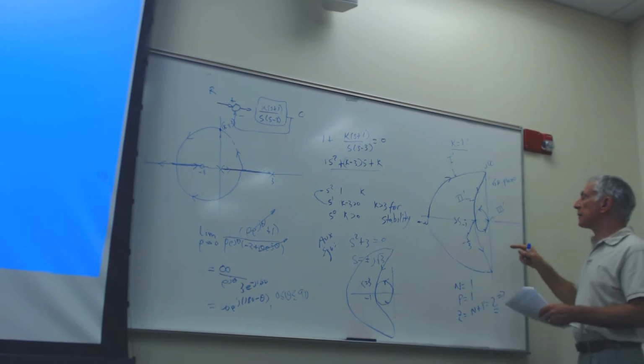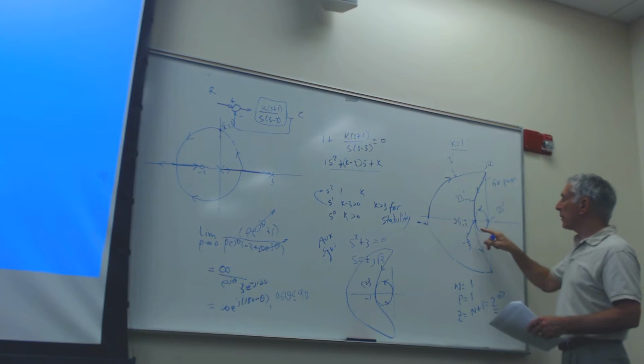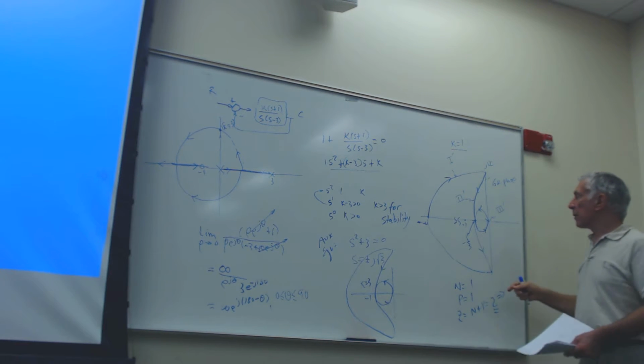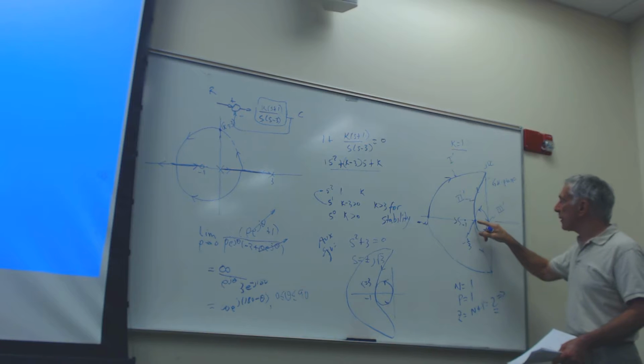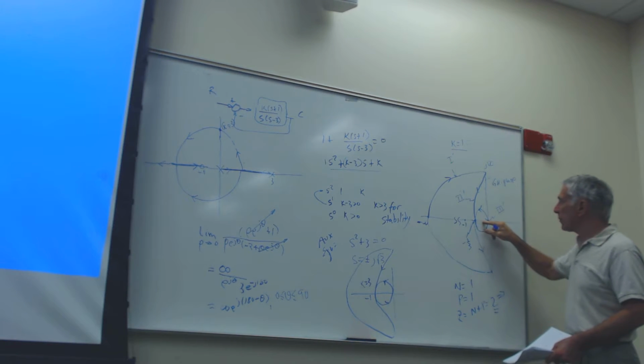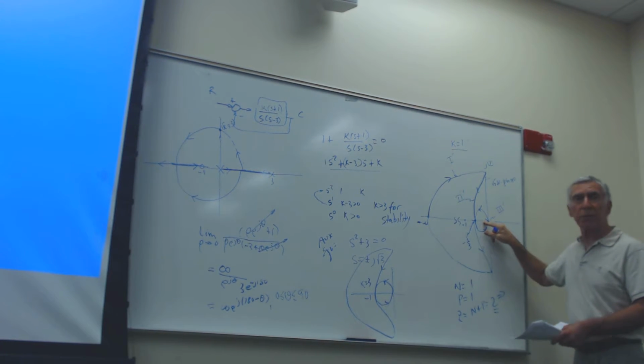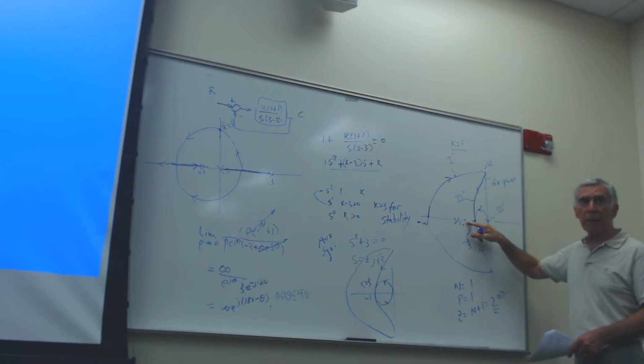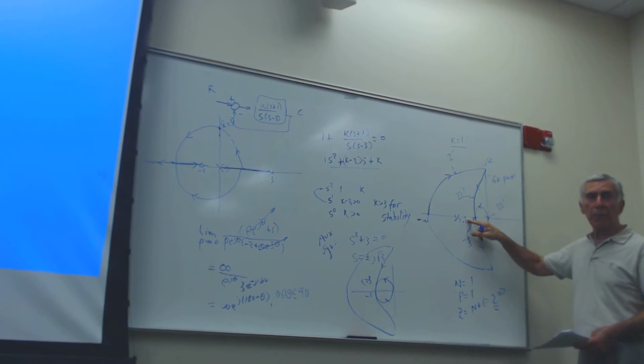So what that means is that if you make the gain k equal to 10, it's still going to be stable for any value of gain k greater than 3. It's just that this point here is going to move further and further to the right, further and further away from the -1 point.